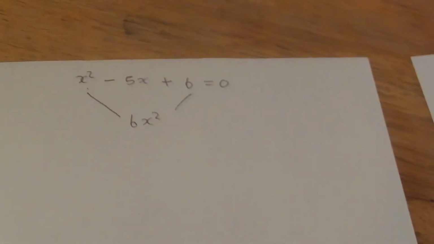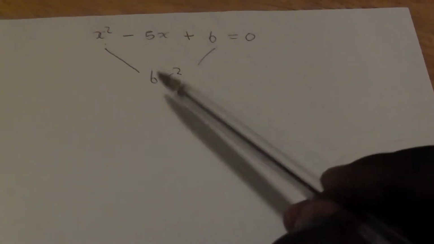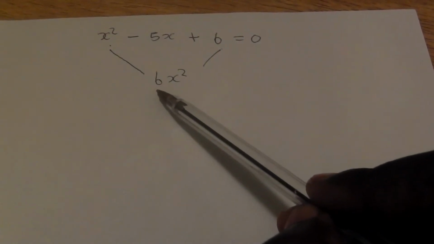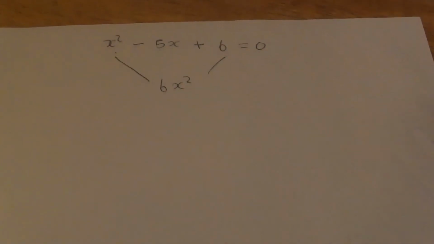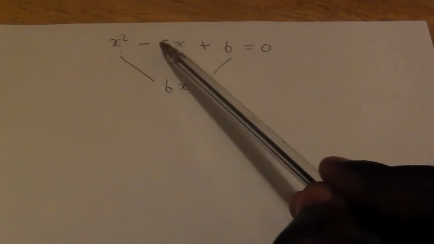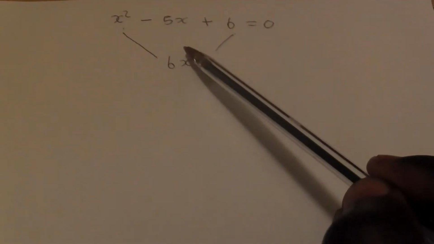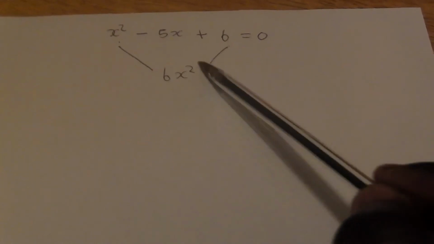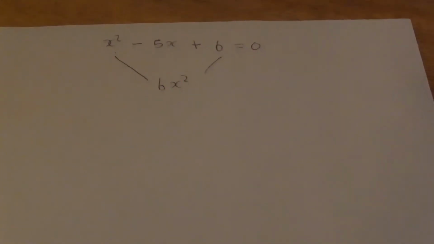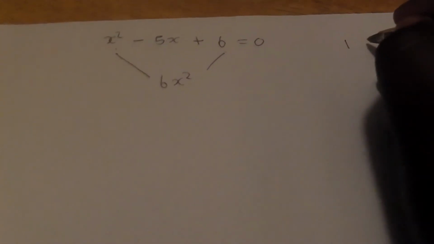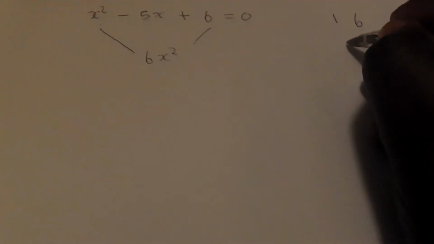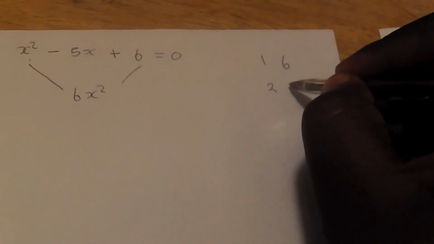And then now we look for two factors that when you multiply them together give the product 6x squared, and when you add them together, you get negative 5x. So let's list all the numbers that can multiply each other to get 6x squared. The first one will be 1 and 6, and then also you have 2 and 3.